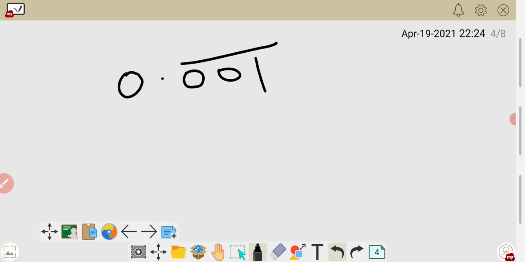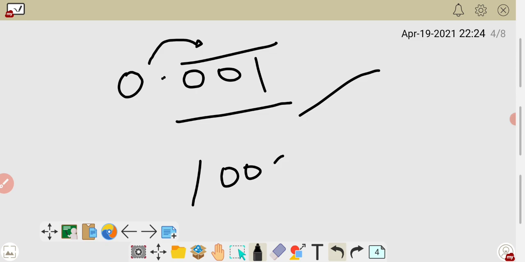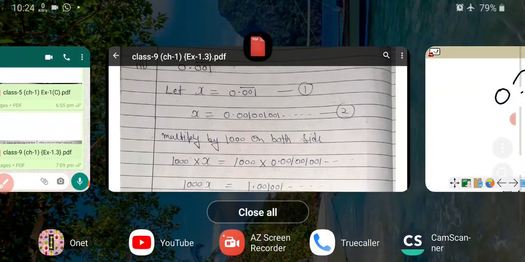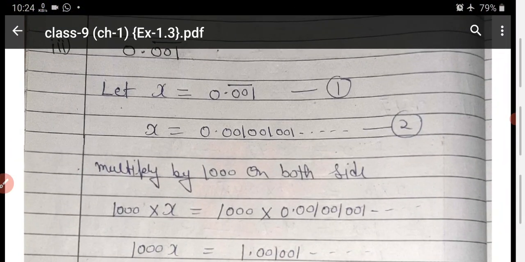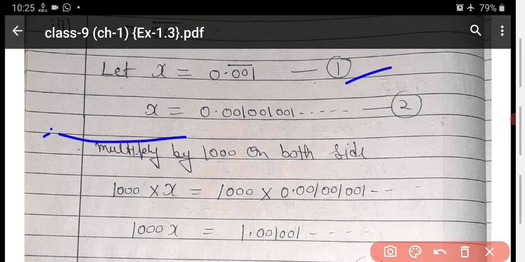So now the bar is on 3 digits, it's okay, but the decimal is present near the bar, so there is no need to shift the decimal. Now the bar is on 3 digits, so you have to multiply by 1000, on both sides, and then continue the previous steps. Now come to the question, just see here. You get here, let x is equal to 0.001 bar, equation number 1 you have to let here.